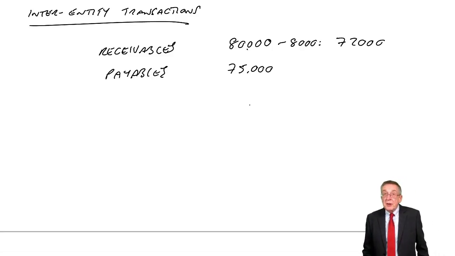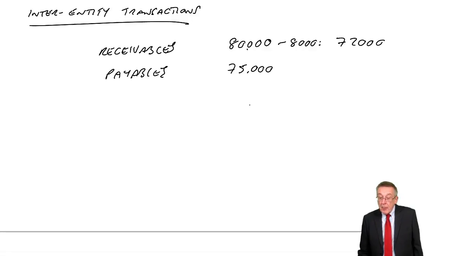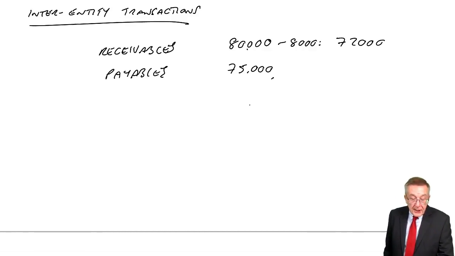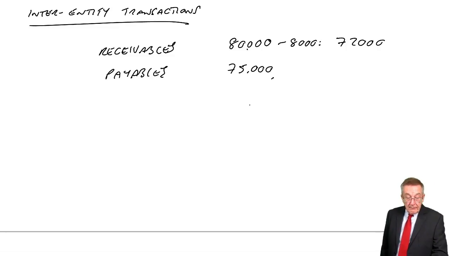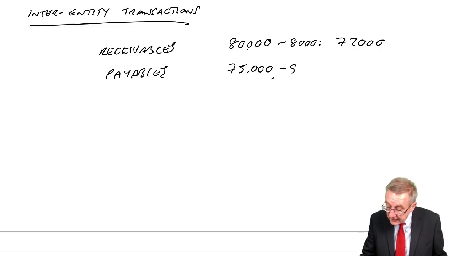Only 72,000 is owed from outside the group. And similarly, that 75,000 total payables includes S's payables of 40, and included in that 40 is 8,000 owing within the group to P. We need to remove it.